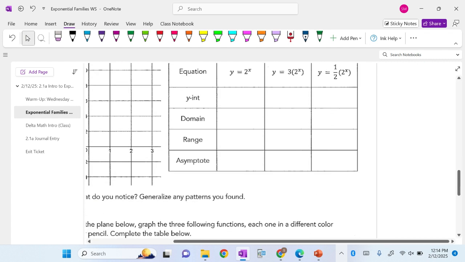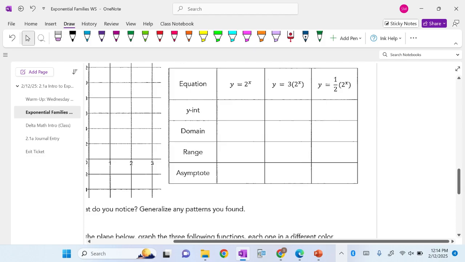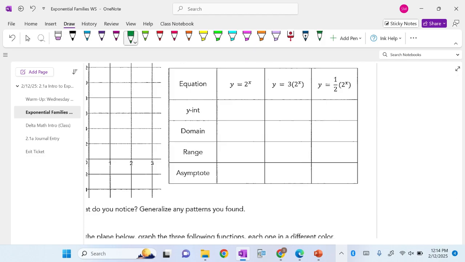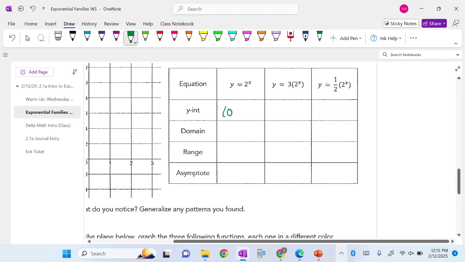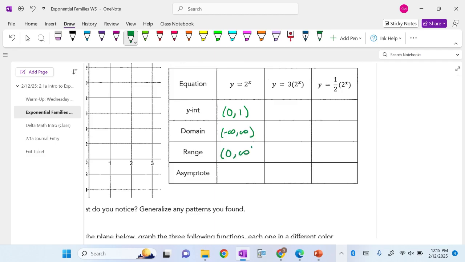So take a minute, fill in the table for number 3. And one of the columns you don't have to do again because they already did it for you in the previous one. So one of those columns you should already have answers for.